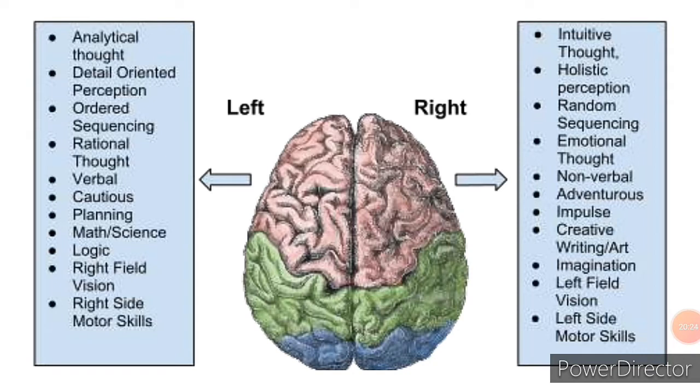On the right hand side you have a little bit different. Okay, this one has to do with feelings or intuitive thought, and then you have your holistic perception. You select it randomly. You have your emotional thought. Okay, you have non-verbal, and then you have impulse. All these are the actions of the section of the brain.